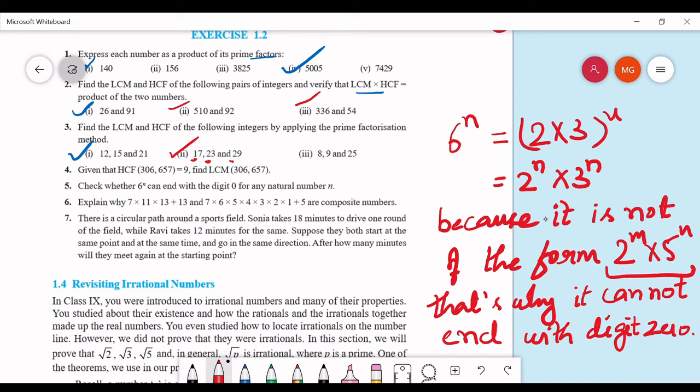So this is your answer. So this was for your question number 5, right?